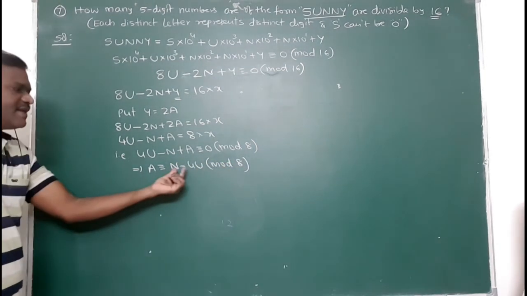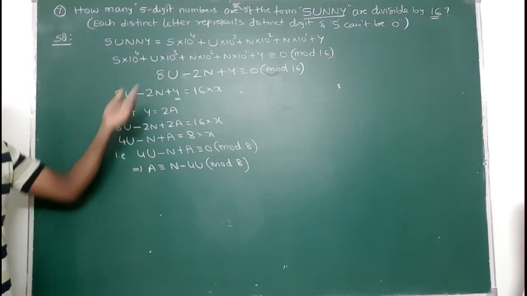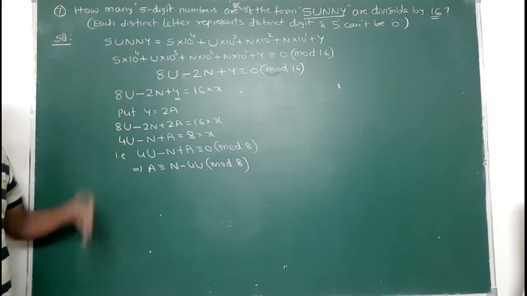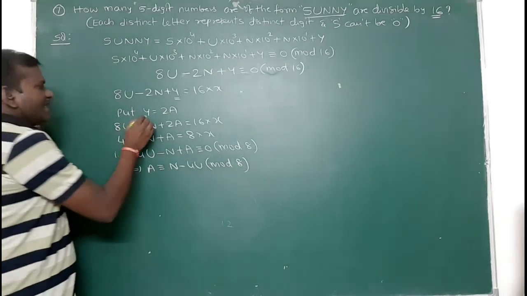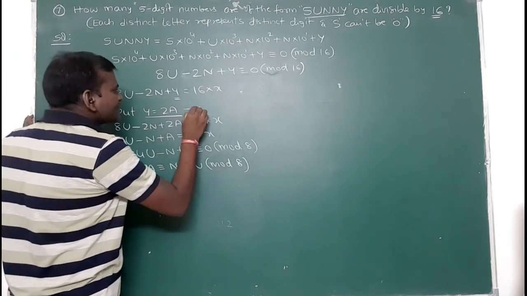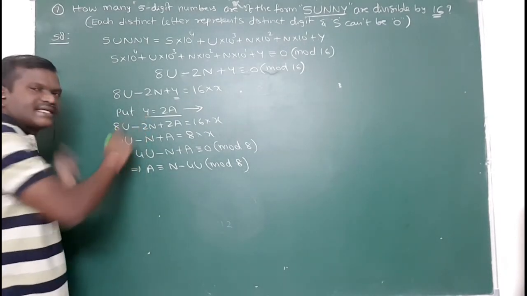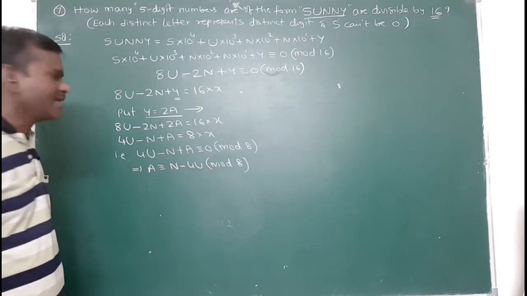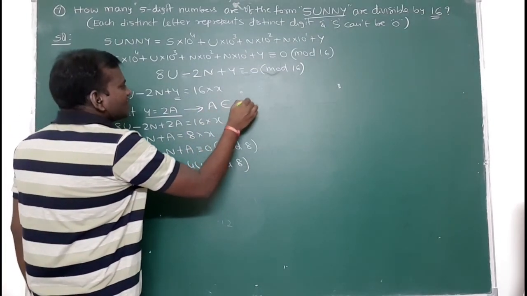Here we will find the distinct values of A, N, U, and then put the remaining values as S. Then I will find the number of possibilities. One more thing: Y is equal to 2A, and Y is a digit, lying between 0 and 9. Then A should be only 0 to 4.